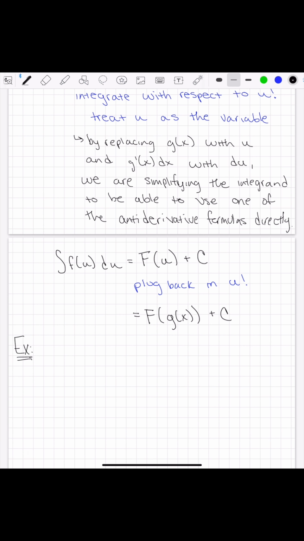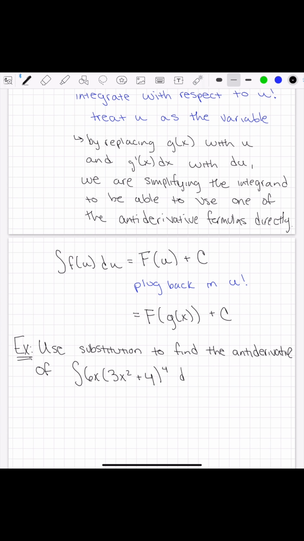Okay, so the example we're going to do is use U-substitution, or substitution equivalently, to find the antiderivative of 6x times (3x squared plus 4) to the 4th power.